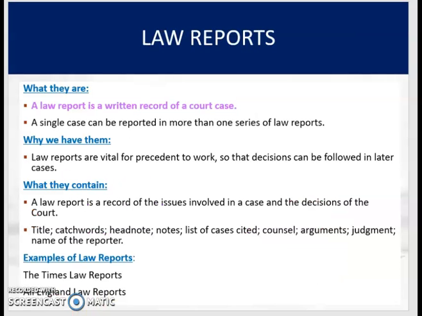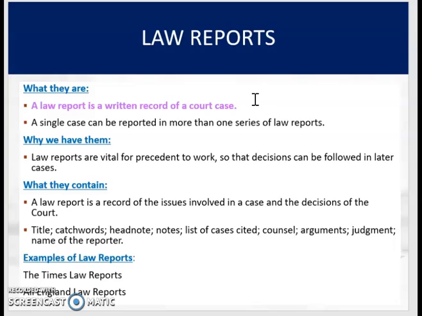So law reports are the third thing that we need in order for precedent to work. And a law report, you've got a definition here, is a written record of a court case. And of course, that's vital for precedent to work, because if we don't write down the judgment of a case and record it somewhere, we can't possibly follow it in the future.